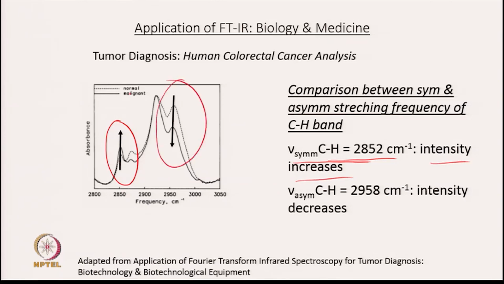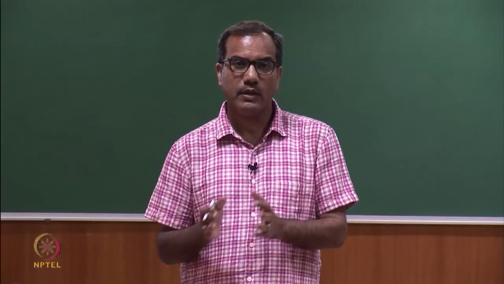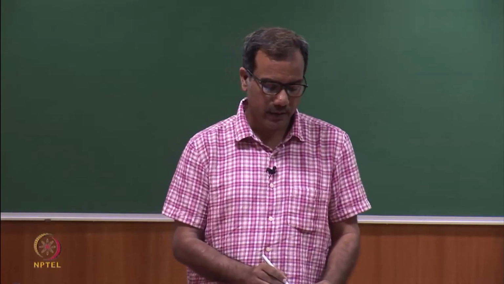And if you look at this band, which is at 2958 centimeter inverse, the intensity is decreasing. So, if you combine all three data, you will be able to tell whether a person is suffering from colorectal cancer or not.